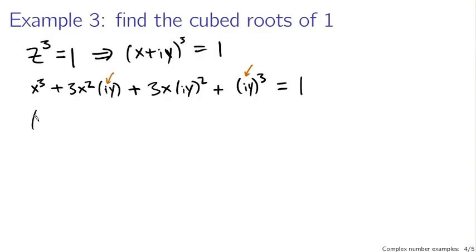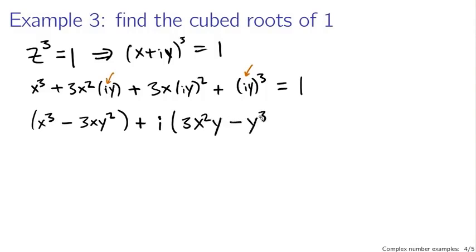So I'm going to rewrite that. X cubed, and then now a minus sign from the I squared, 3xy squared, plus, pulling an I out front, the imaginary part then is going to come from this 3x squared y and this y cubed. So I've got a 3x squared y here, and then a minus y cubed, minus coming from the I squared.